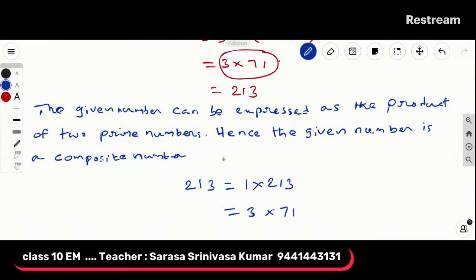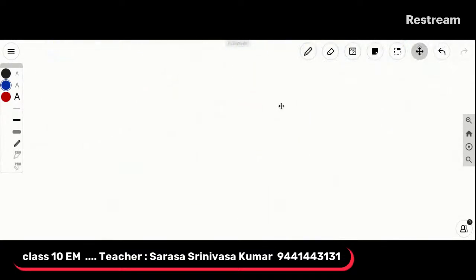Next, we consider the next problem. Third problem. Students can refer to page number 23. This is page 23.